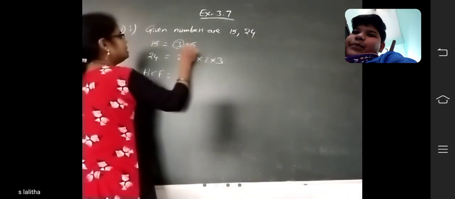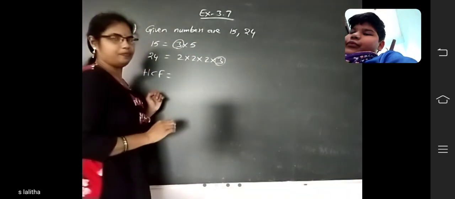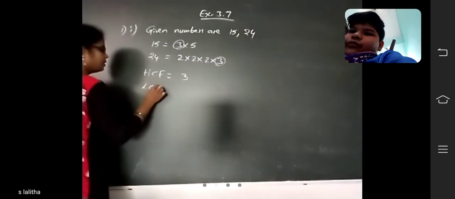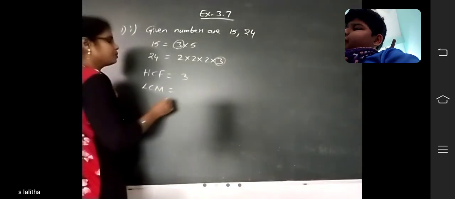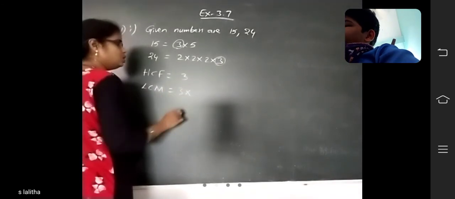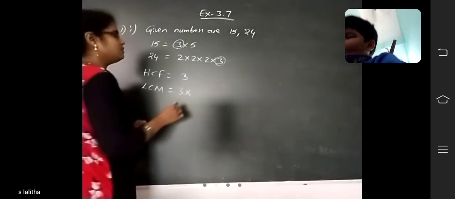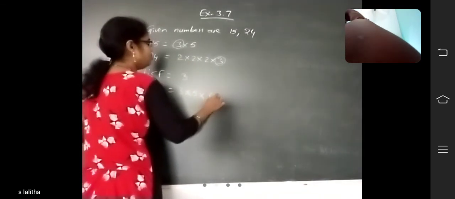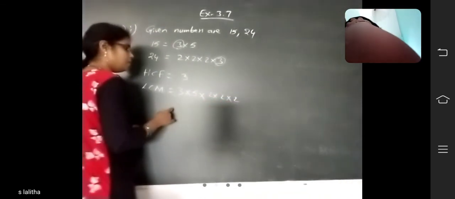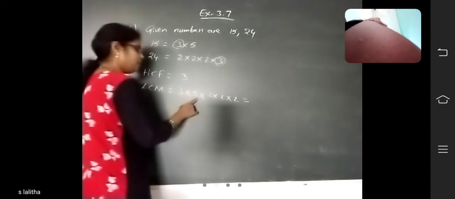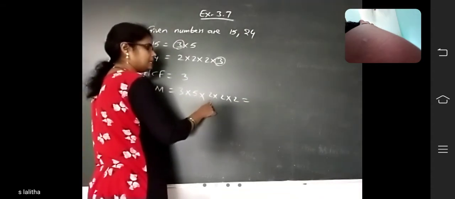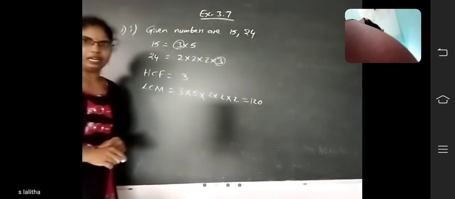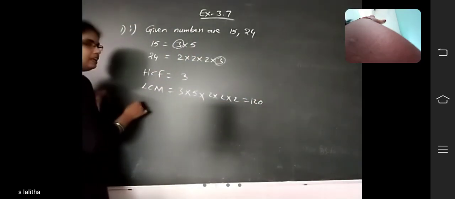What are the common factors? 3 only. So HCF is 3. And LCM. LCM equal to common factors into remaining factors. What are the remaining factors? 5 into 2 into 2 into 2. Multiply all. 3 5 15, 15 2 30, 30 2 60, 60 2 120.